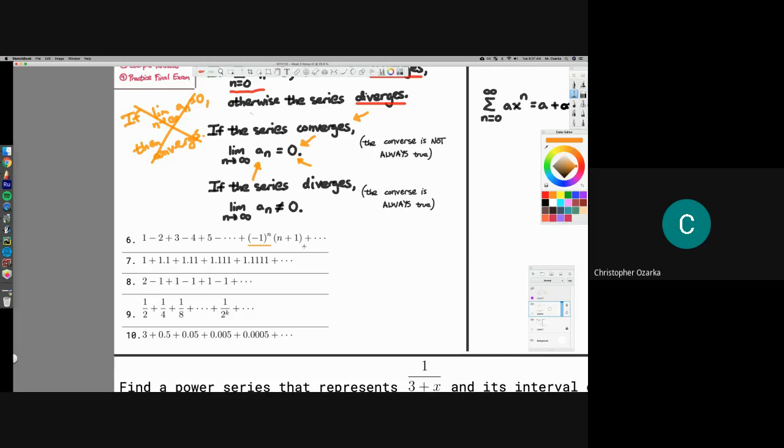As you're going, you have to think, is the infinitieth term ever going to be equal to 0 here? And the answer is no, it's not. It's 1, 2, 3, 4, 5, 6. It's going to go to infinity. It's never going to be equal to 0. So since it's never equal to 0, you would just write diverges.